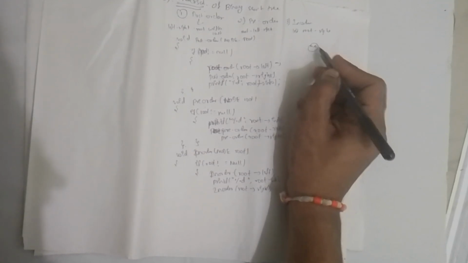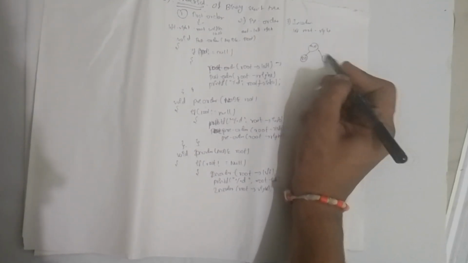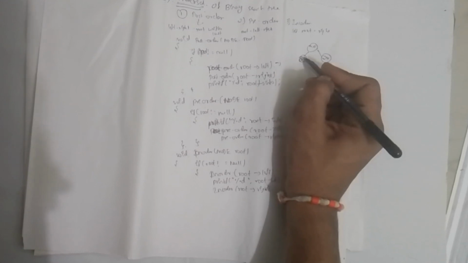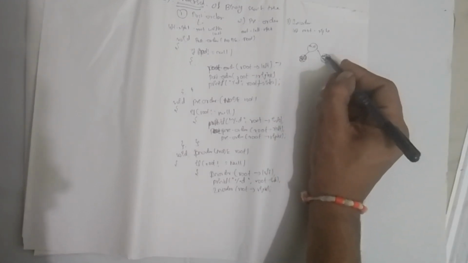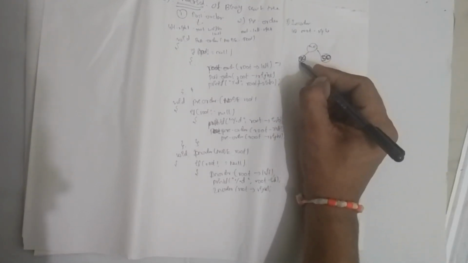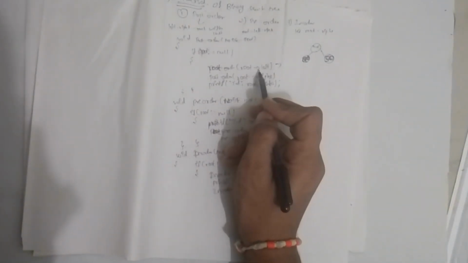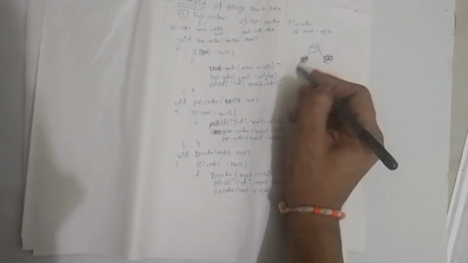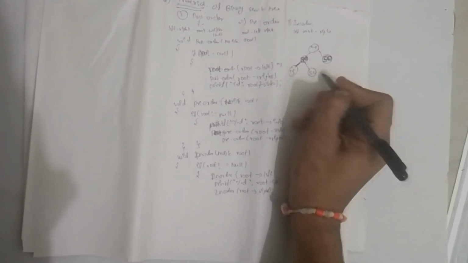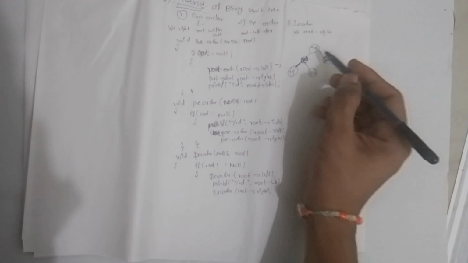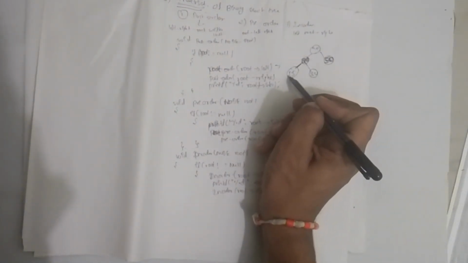Similarly, I will take a small tree to explain how each one works. 40, 20, 50. For post order, first it will check the root is not equal to null, yes it's not equal. First it will traverse left, so I extend this for better understanding, 15, 30. So first it will traverse to the left, 20, 15.